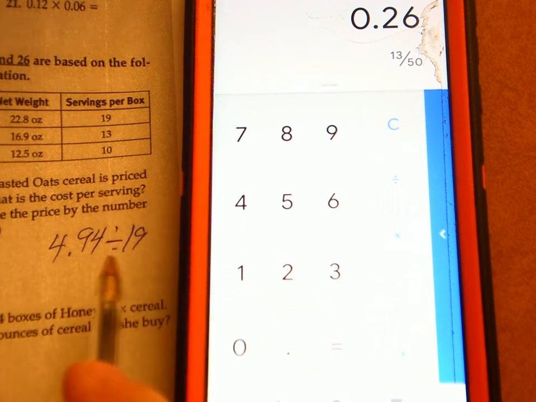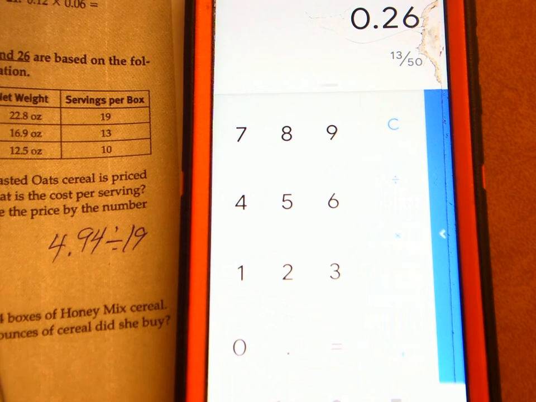That makes sense. If it was 20 servings, you'd get $2.60 for 10, $5.20. Yep, that's a little bit bigger than $4.94. Anyway, that makes sense. Each serving is about a quarter.